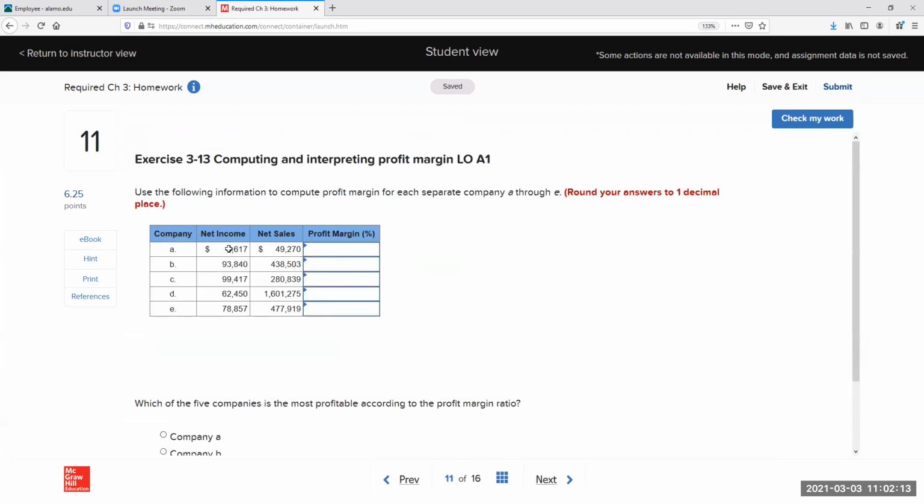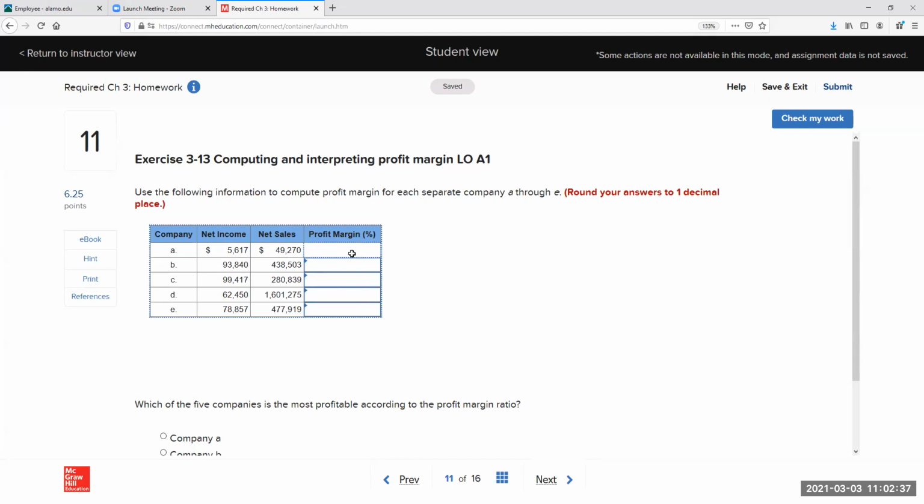Now, profit margin is just how much money does Whataburger make on a Coke? How much money does Starbucks make on a cup of coffee? They charge you $5, and how much did it cost them? Well, just take the net income divided by the sales, and that'll give you the profit margin. So how much are we making?